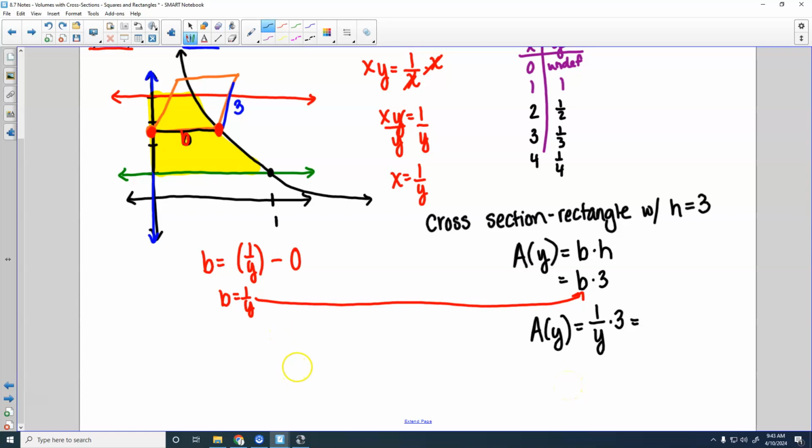So we would need to integrate our formula for our area, which I'm going to write as 3 times 1 over y dy. And what do my limits need to be here? It's not 0 to 1, because this is a dy, so we don't look at the x-axis. 1 to 4.